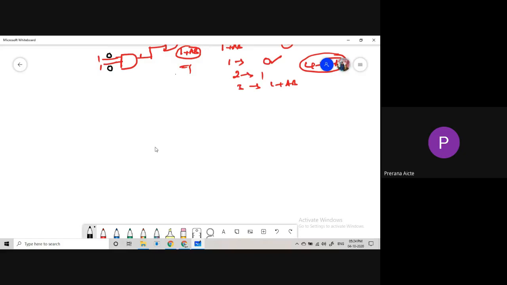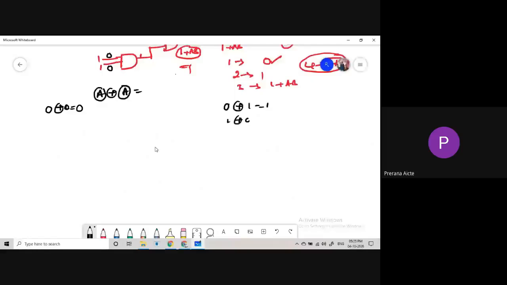A XOR of A. Please assume A equal to 0. 0 XOR of 0 is 0 only. A XOR of A. So here the inputs are the same, and the output is the same.